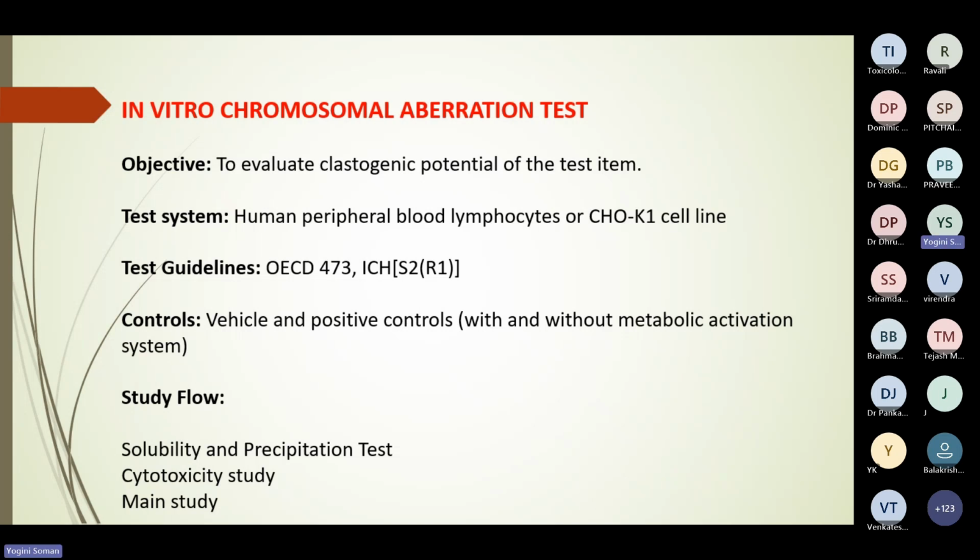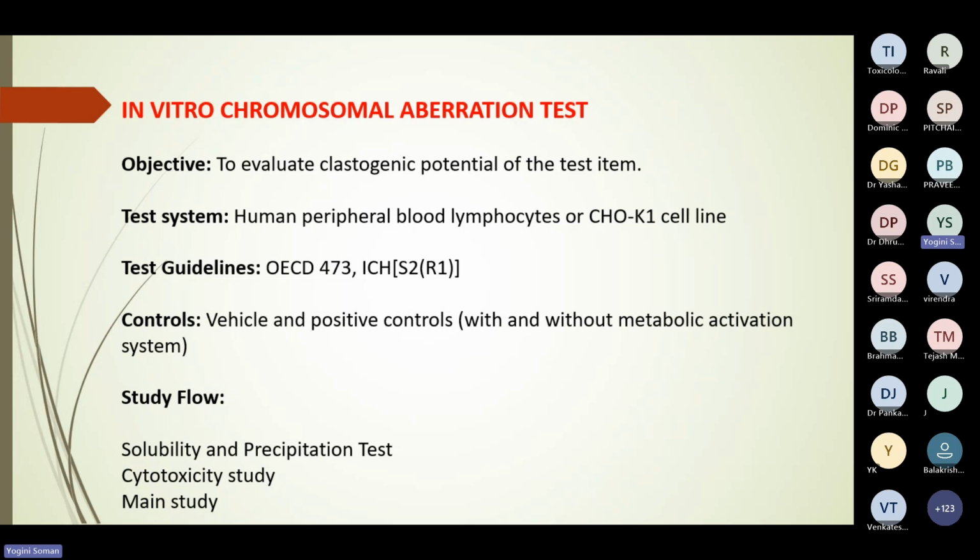What is the study flow? Again, for the in vitro chromosomal aberration test, first is the solubility test, that is formulation method development. You should include a vehicle compatible with the test system. Preferred vehicles for in vitro are again, first analytical grade water, then dimethyl sulfoxide, ethanol or acetone.